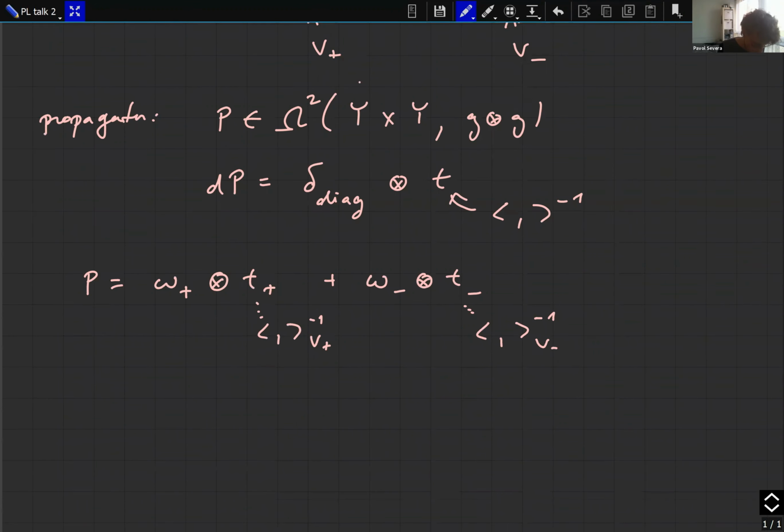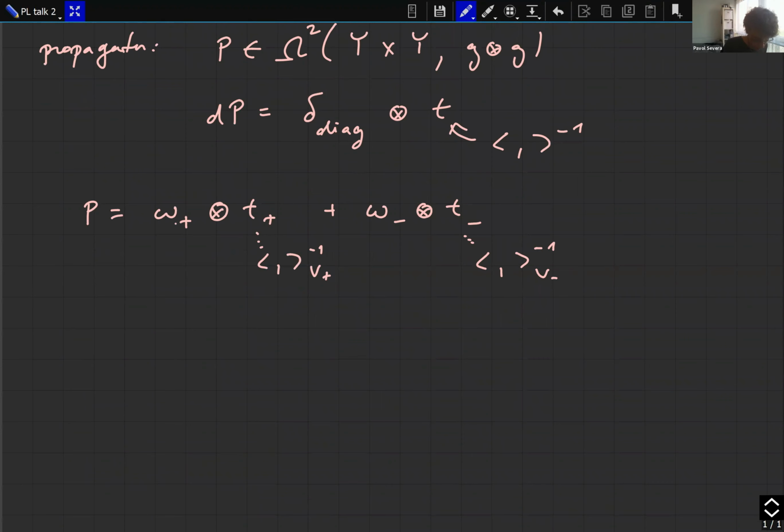And so if that propagator is now split into two parts, these are just differential forms, omega plus and omega minus, and T plus and T minus are the parts that live in the Lie algebra. So now when we start drawing Feynman diagrams, there will be some trivalent graphs. On every edge we need to write plus or minus, and then take the sum over all signs.